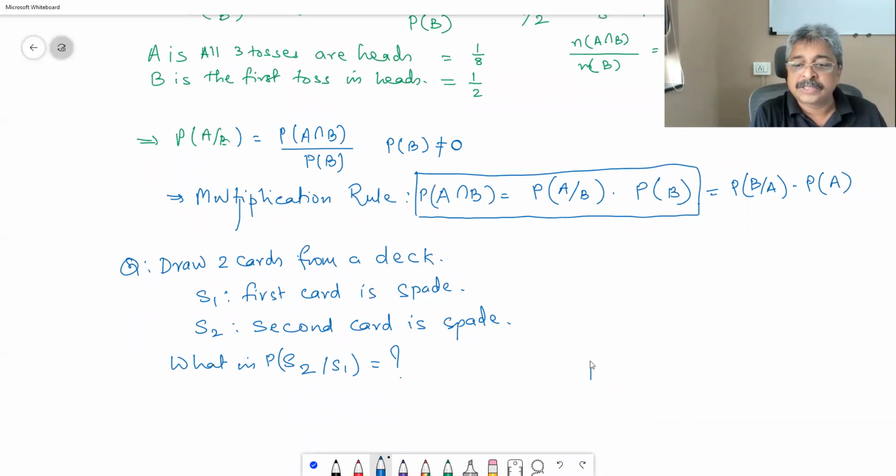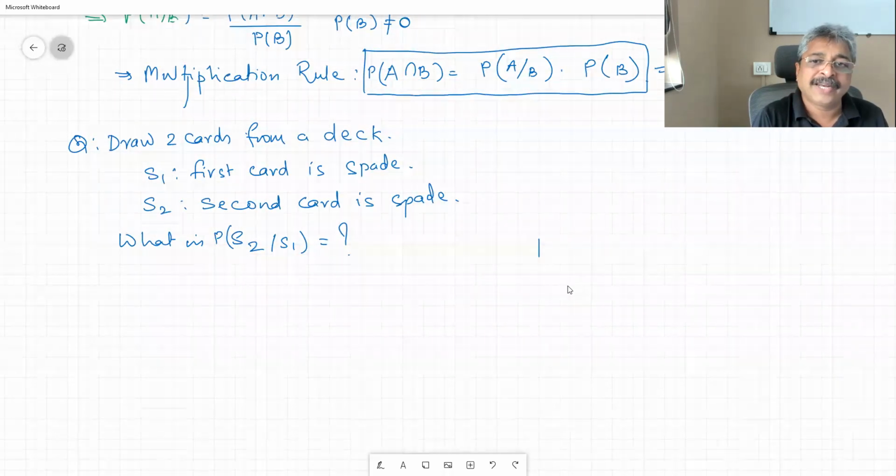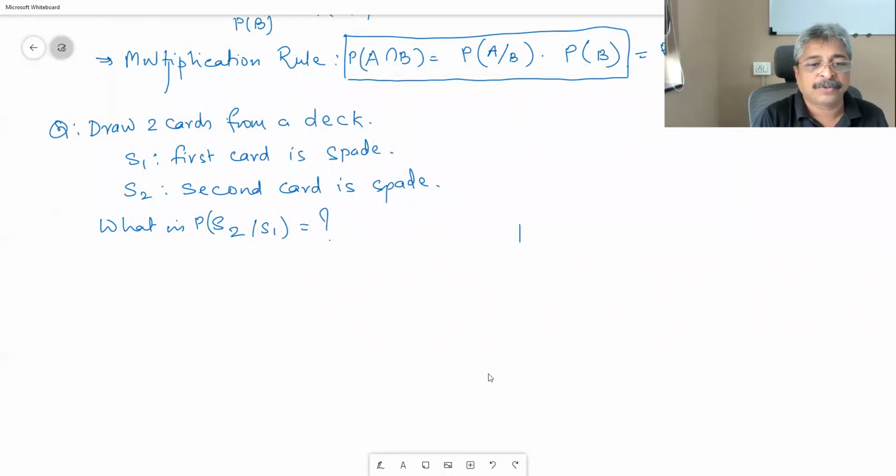Now we can do this in two different ways. One, solving directly without bothering about the formula. If the first card is spade and S2 is second card is spade, what is the probability of second card spade given that first card was spade?